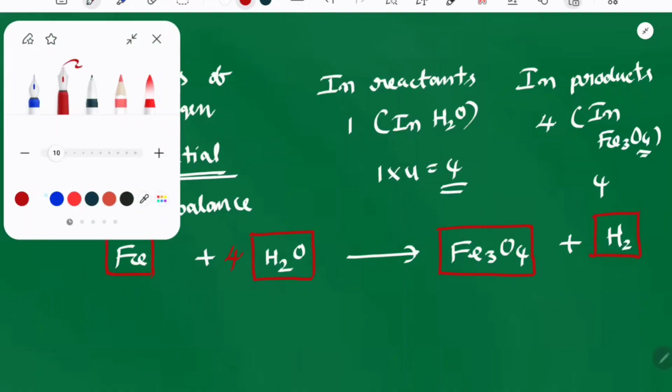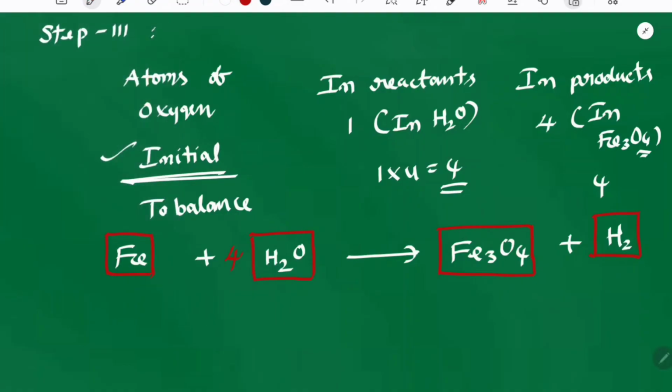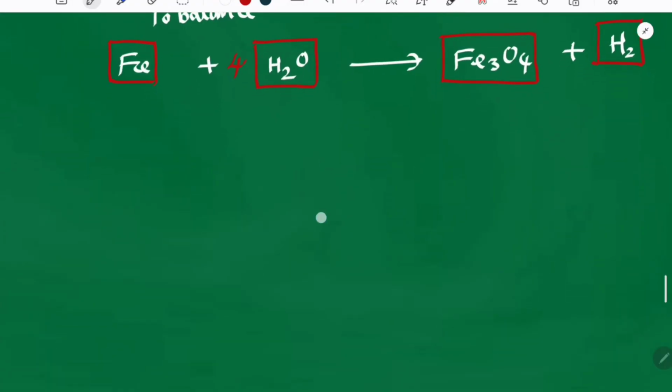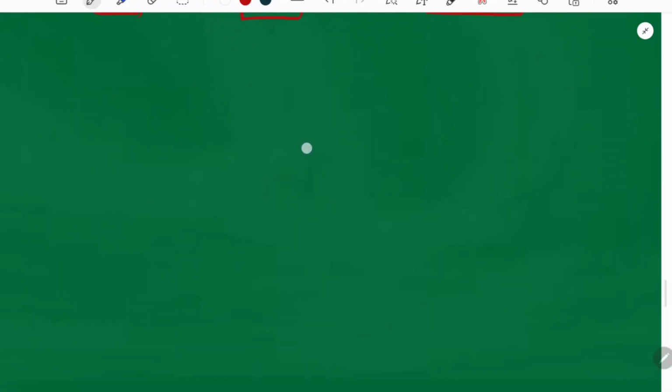Step 4. First we balanced the oxygens, which had the most. In step 4, what remains still not balanced?